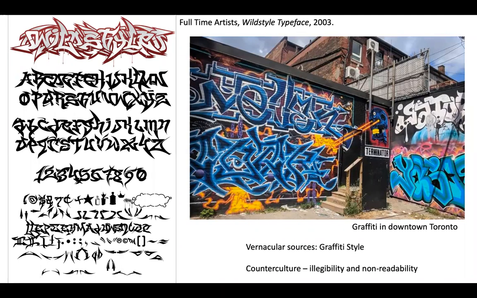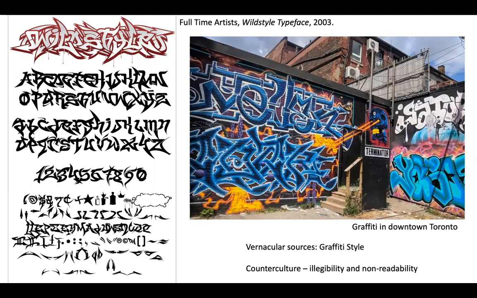Again, this is graffiti, and it's from vernacular sources, inspired by vernacular sources. What vernacular means, local and associated with it, produced by people. And so that is exactly what this is. It's graffiti artists, by which we mean just people who want to go against the grain and want to decorate walls without permission.